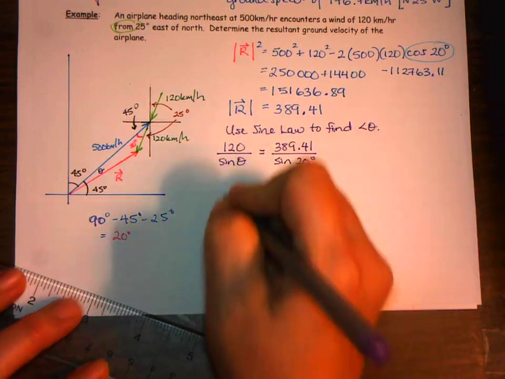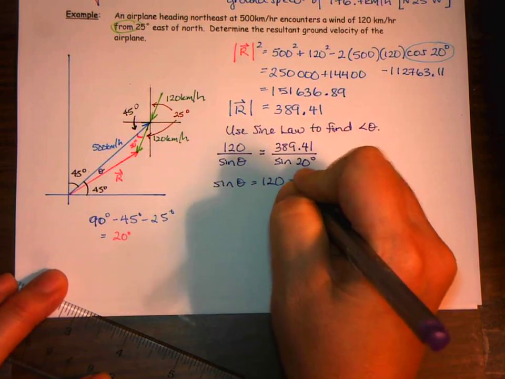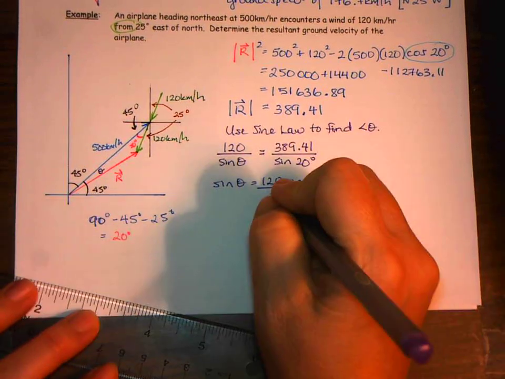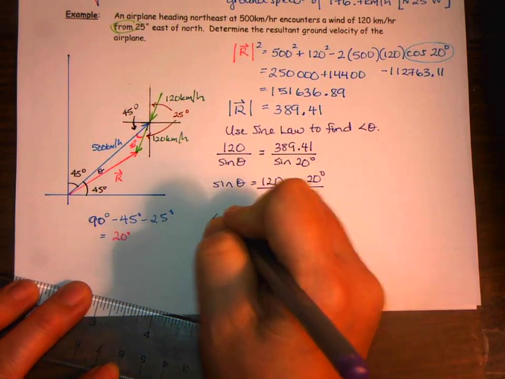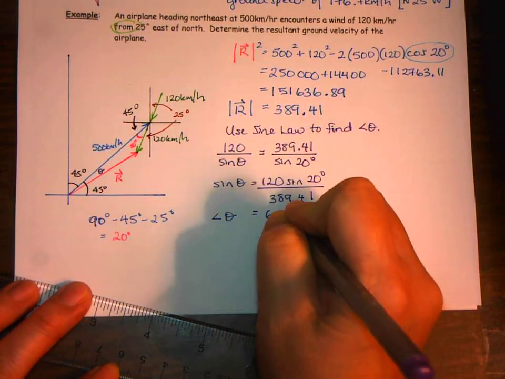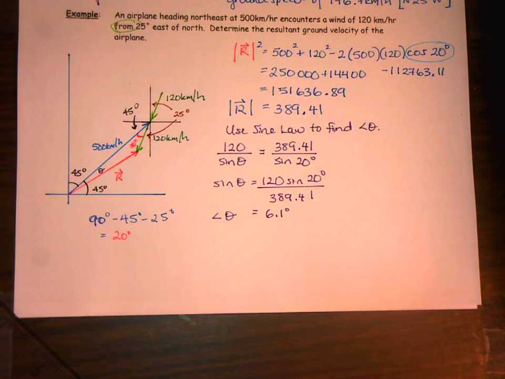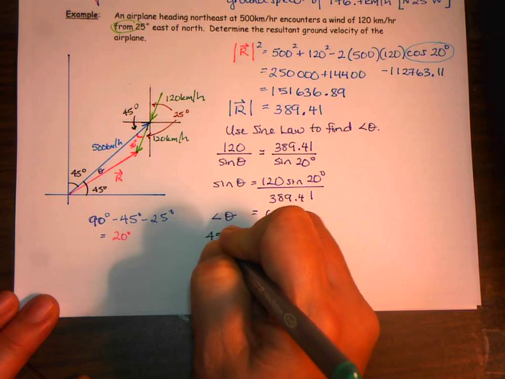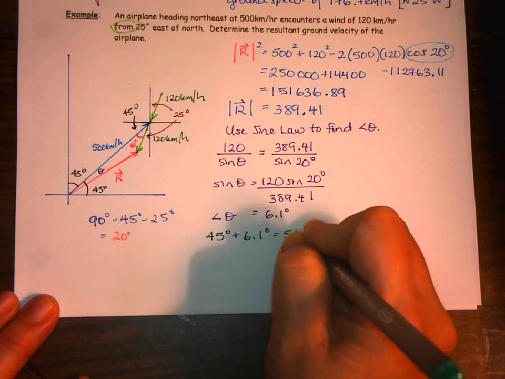Cross multiply and you get sine theta is equal to 120 sine of 20 degrees over 389.41, and angle theta comes out to be 6.1 degrees. Now, with that being 6.1 degrees, all we need to do next is to add 6.1 degrees to 45 degrees. So 45 degrees plus 6.1 degrees equals 51 degrees.